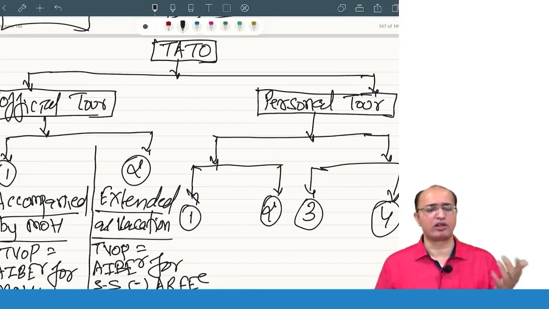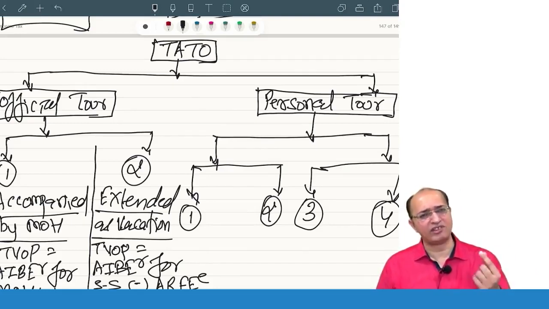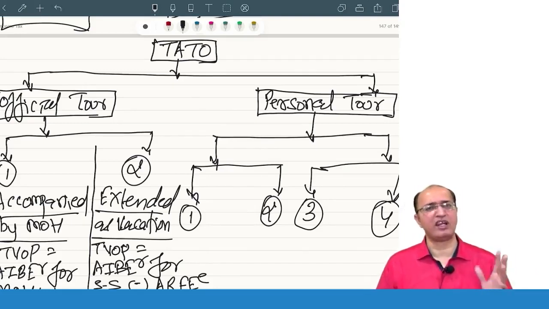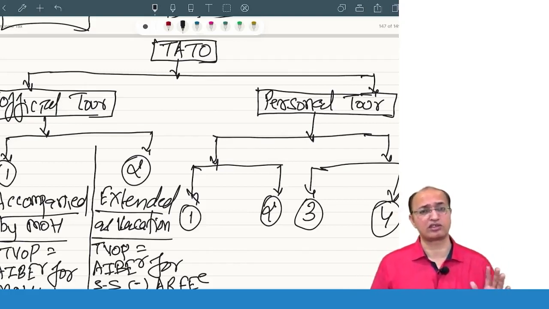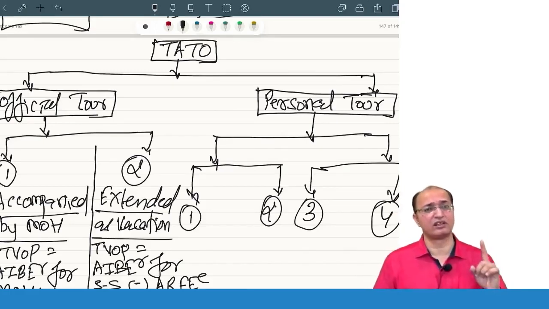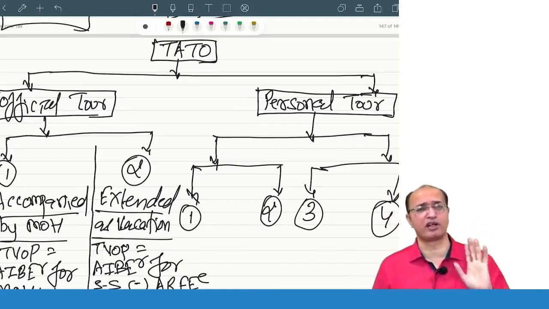I put one more condition, that once in a year I will visit any place for my leisure travel, for a vacation, and that cost you have to incur. Once in a year I'll have a personal tour anywhere, and whatever cost is incurred, you have to bear.